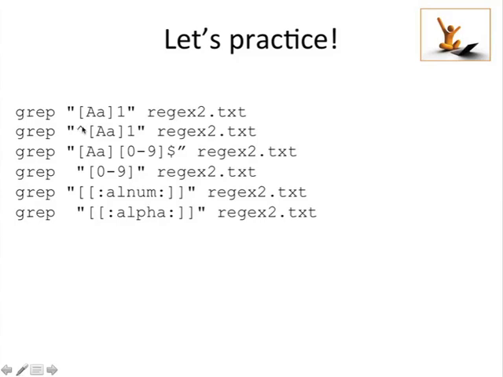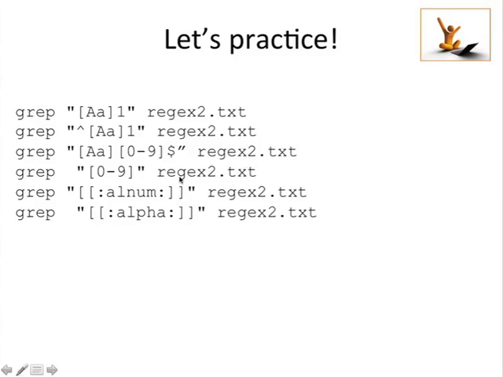Okay, let's make it more complicated. We are looking for a regular expression composed of two characters. The first character is A uppercase or A lowercase, and the second character is any digit you can imagine. Then it needs to be at the end of the line, and that's what dollar stands for.